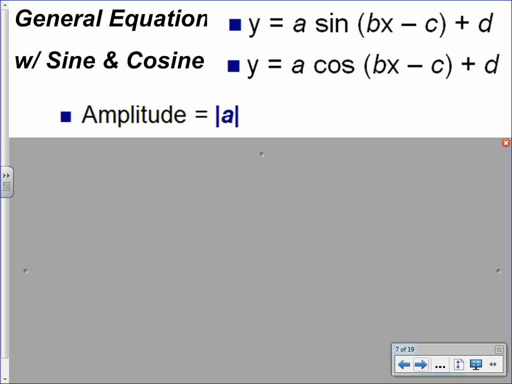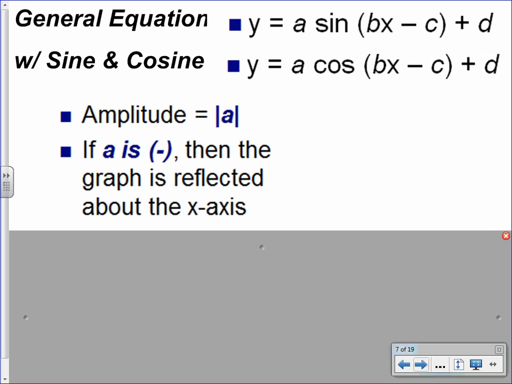Well, really the absolute value of a, because it is possible for a to be negative, but an amplitude we need to think of as a positive number. So absolute value of a is going to give us our amplitude. What if a is negative? If we have a negative a, then we know that our graph is going to reflect about the x-axis. We will talk about what that looks like for each of these.